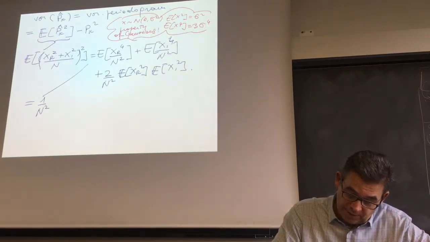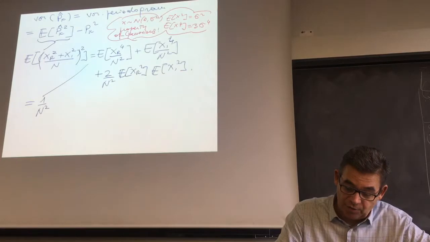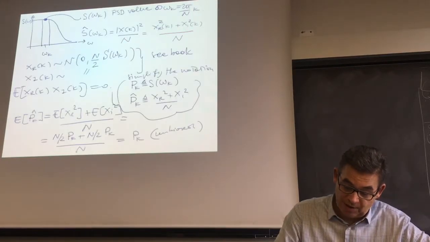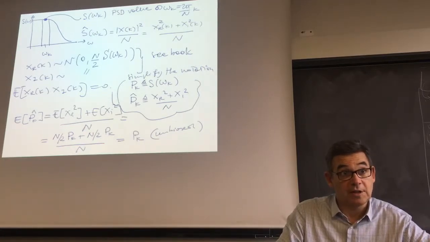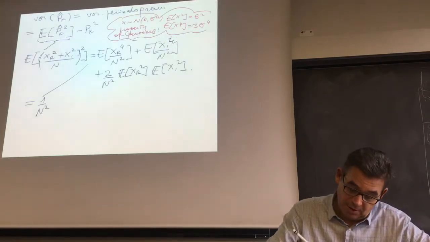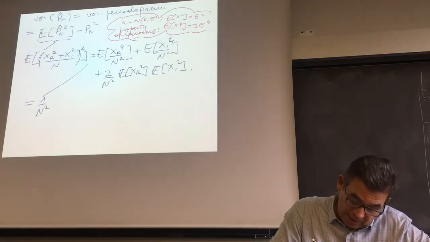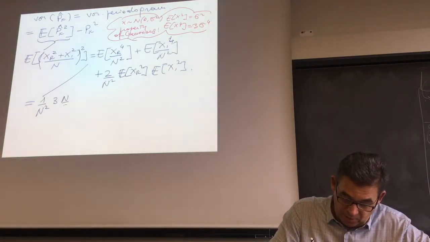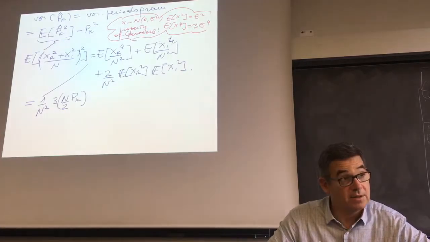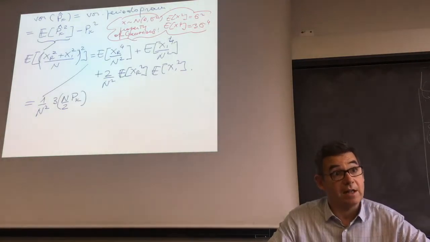Then I have the expectation of x real to the 4th power. Now, what is the variance? The variance is n divided by 2 times the power spectral density, which is pk. So this one is 3 times n divided by 2 multiplied by pk. This is the variance, so it is the variance squared.